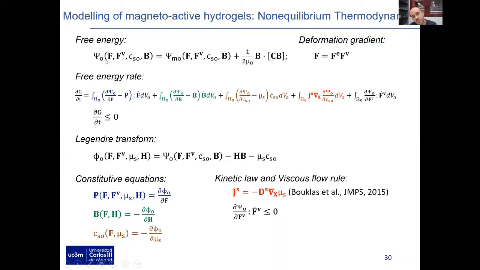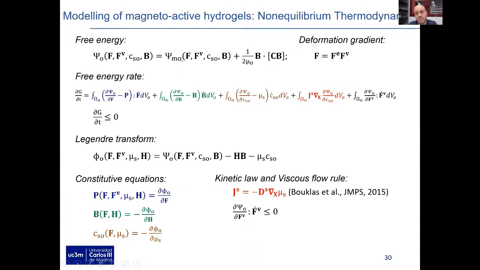If you notice, we have included the viscous contribution to the deformation gradient as an independent variable. We made use of the split multiplicative decomposition of the deformation gradient into an elastic and a viscous part. This is done to account for strain rate dependency, viscous relaxation, and others, so basically the viscoelastic nature of the polymeric network.